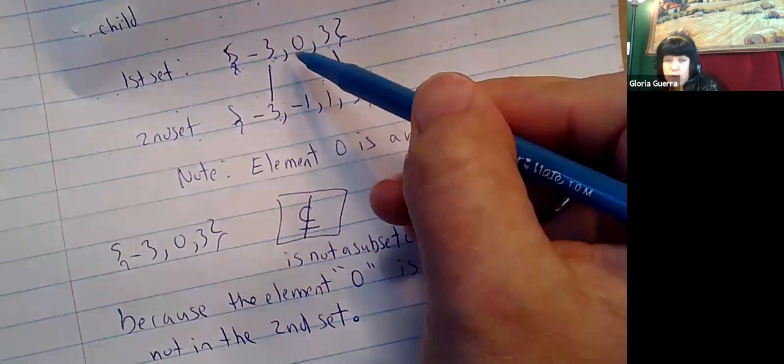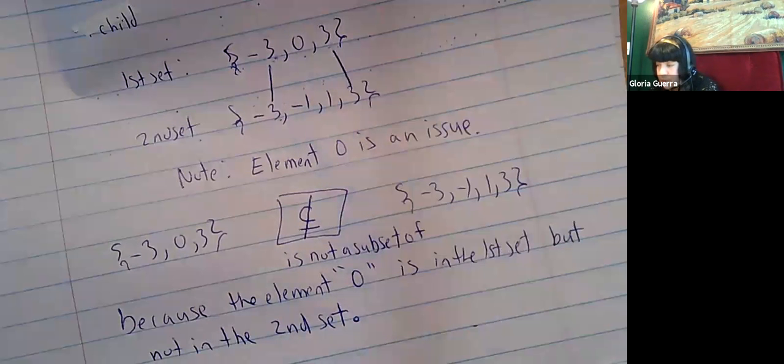But what about 0? That's an issue. So once you find one contradiction, you stop right there.